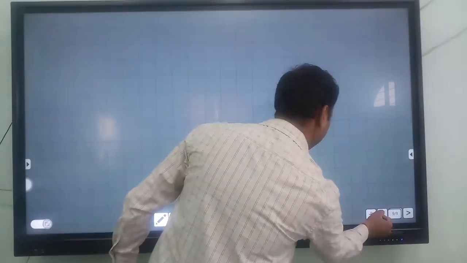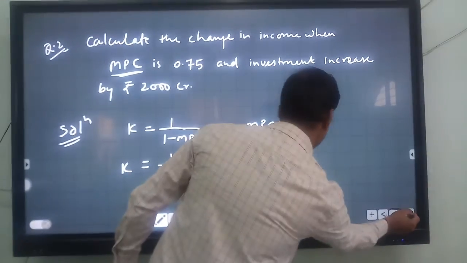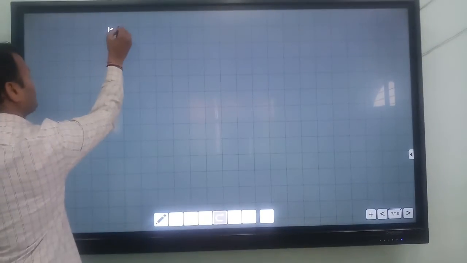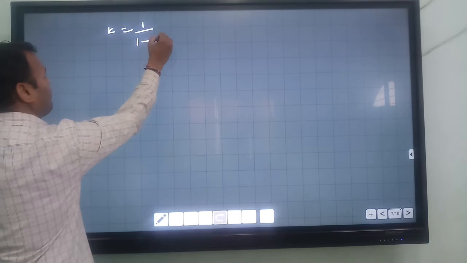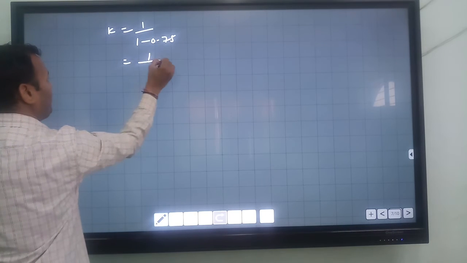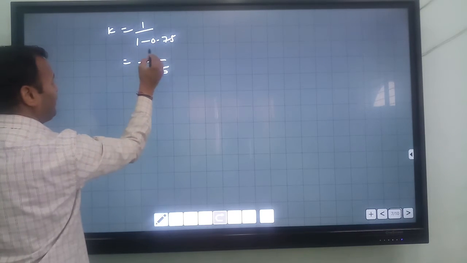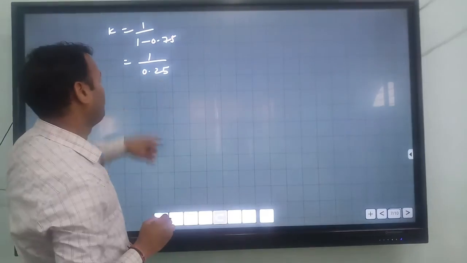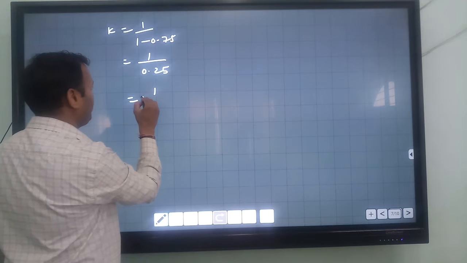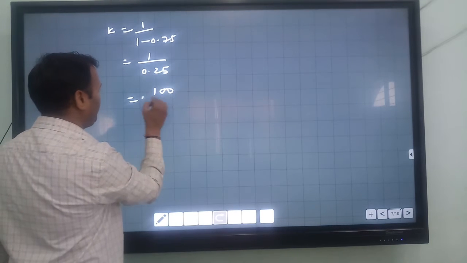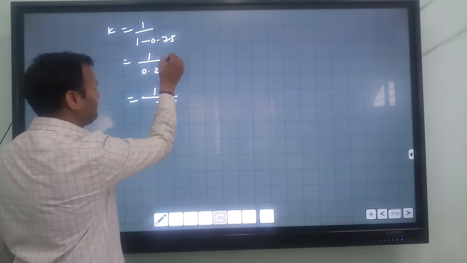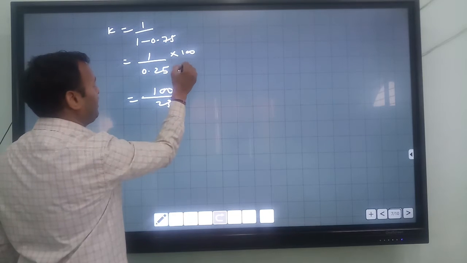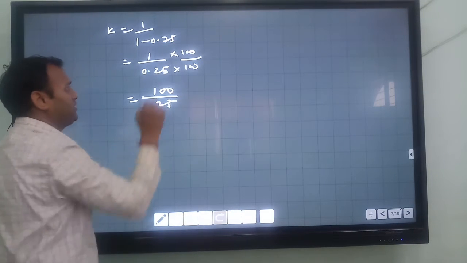Okay. So K is equal to 1 upon 1 minus 0.75. So 1 upon 0.25. Okay, 1 minus 0.75 gives 0.25. So 1 upon 0.25 means 100 upon 25. We multiply 100 in the numerator as well as the denominator.